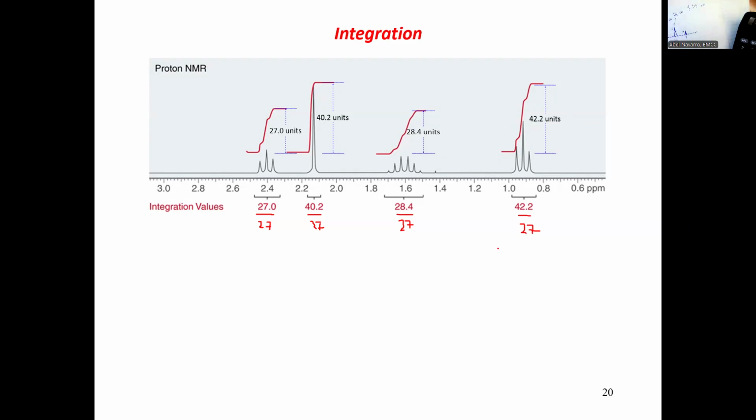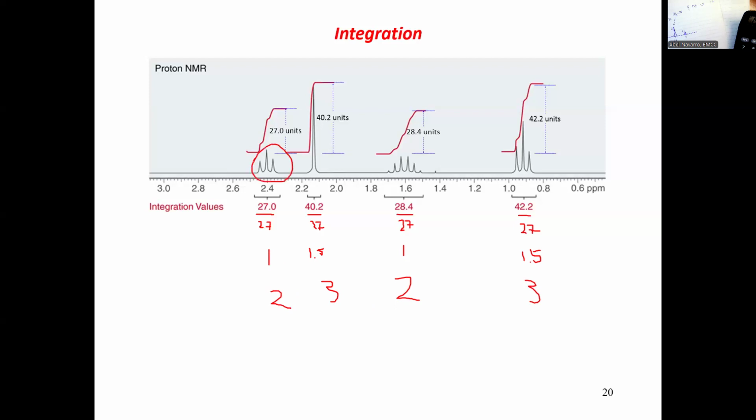And then 42.2 divided by 27 is 1.56. So you see the ratios here are 1, 1.5, 1, and 1.5. Of course, you cannot have 1.5 hydrogens, so you have to double it. That means this one is 2, this one is 3, this one is 2, and this one should also be 3. Those should be the integration values.